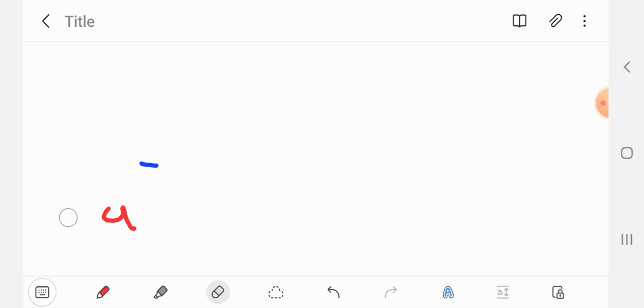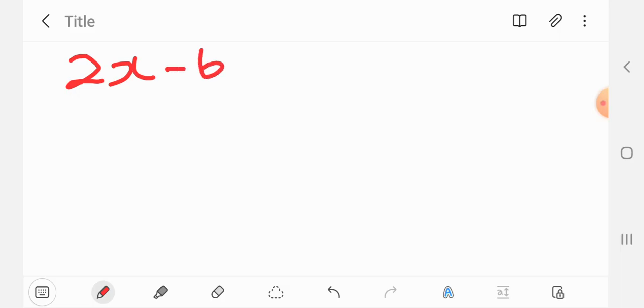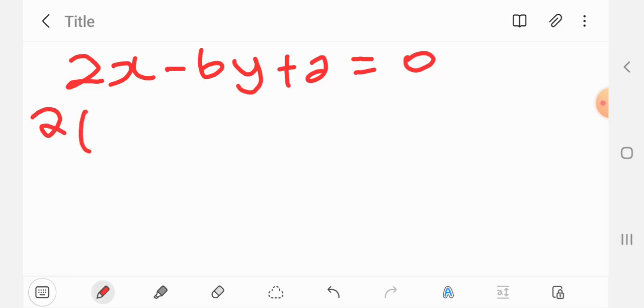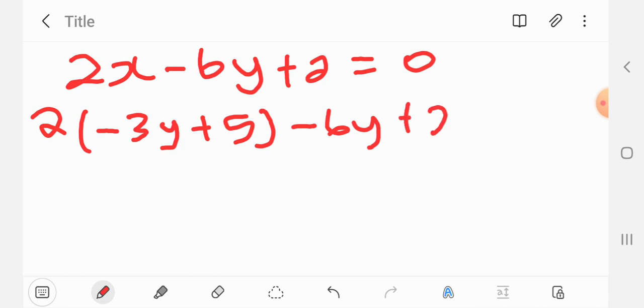And then that's where we have 2x, this is equation 2, minus 6y plus 2 equals 0. So we sub equation 3 that we created into 2. So we're going to write 2. Whenever you substitute, use brackets. It's raining, guys, so I'm trying to finish these questions. Where we see x, we write minus 3y plus 5, minus 6y plus 2 equals 0.